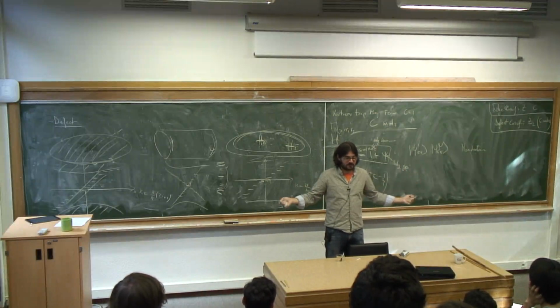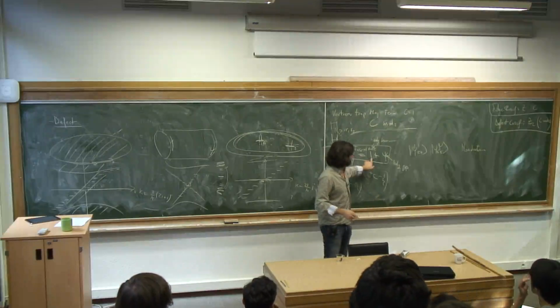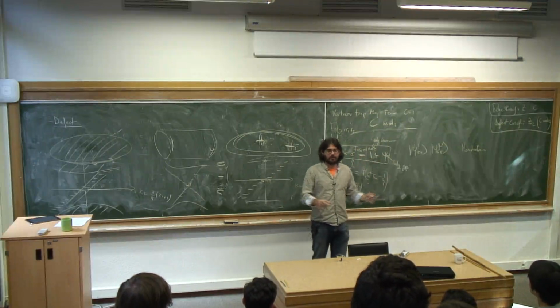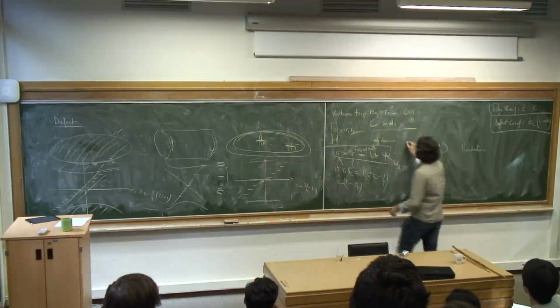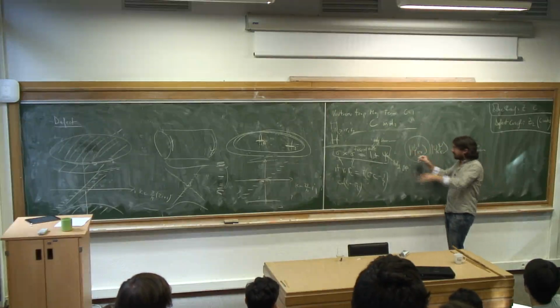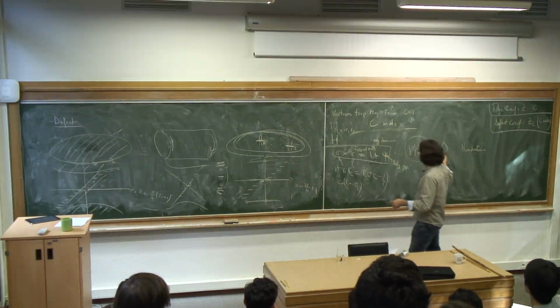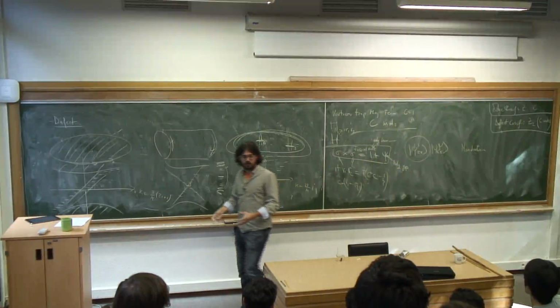You prepare your system in some state, say state 1, and now I excite two Majoranas out of it. That's going to be described by this state. Or I can add an electron to it, and then it's going to be described by this state. But those are two distinct states that don't talk to each other.